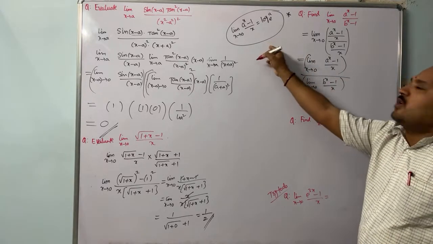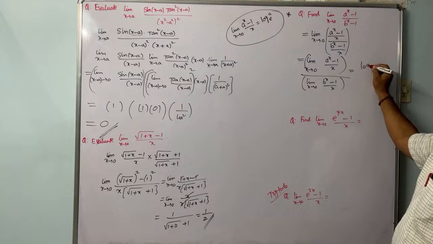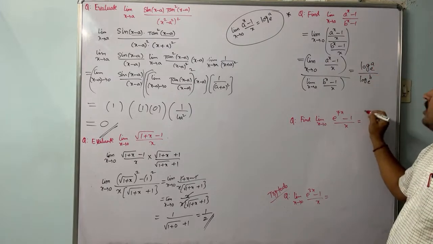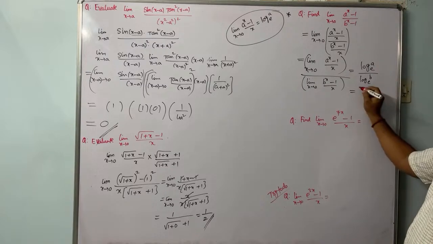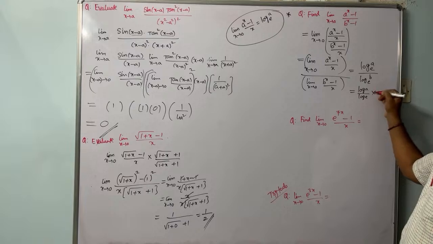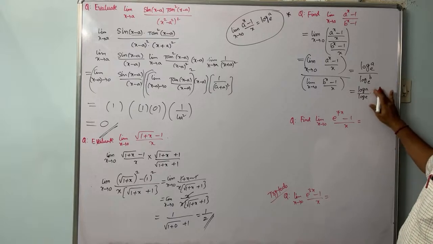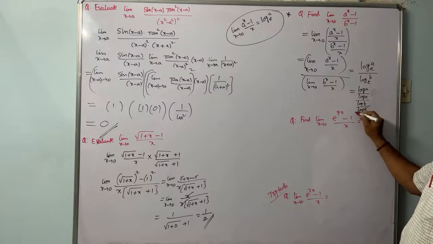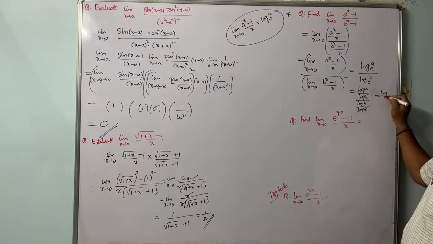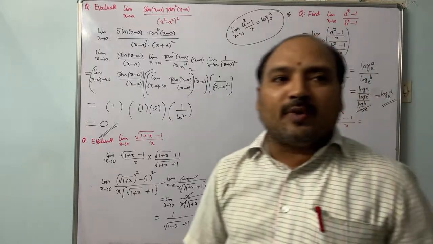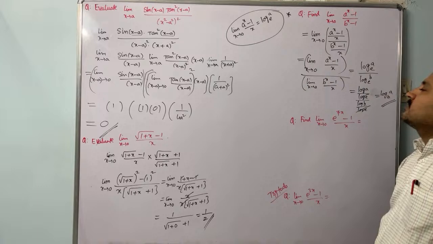By using this formula, it becomes log a to the base e by log b to the base e. After that, log a to the base e means log a by log e into, it will be reversed now, otherwise one step will increase, log e by log b. So log e gets cancelled. Log a by log b means log a to the base b, otherwise keep it like this, log a by log b. I hope you understand, students.